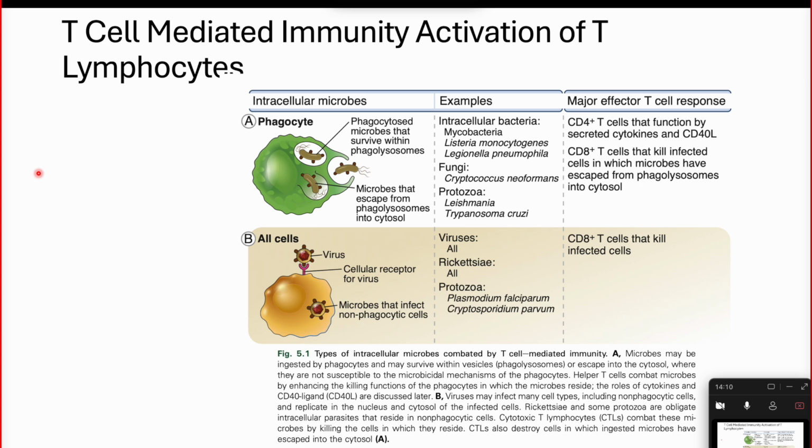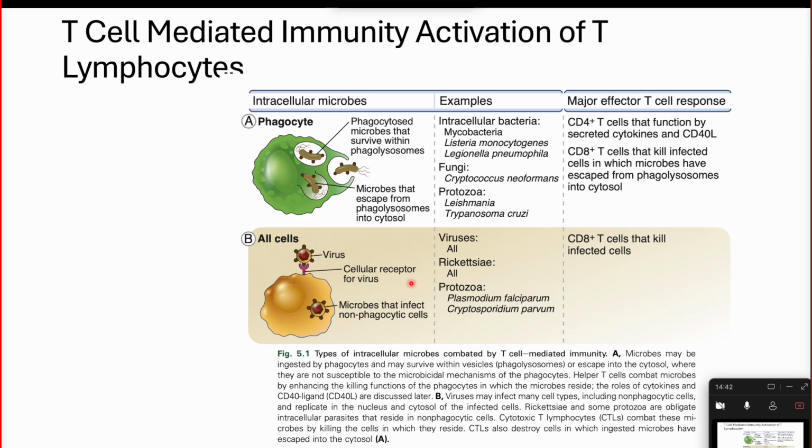At this time, the CD4 positive T cells function by secreting cytokines and through CD40L, which means the phagocytic cell will have the CD40 receptor, this is the ligand and the receptor will be here. The other way can be via CD8 positive T cells that kill infected cells in which microbes have escaped from the phagosomes and are present in the cytosol.